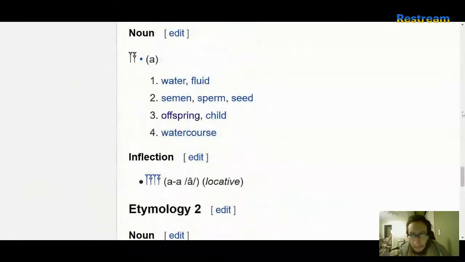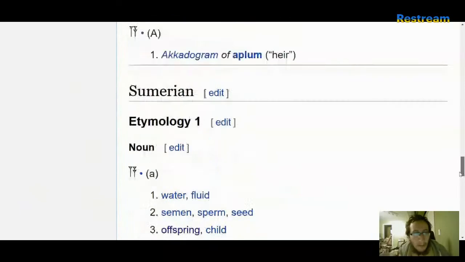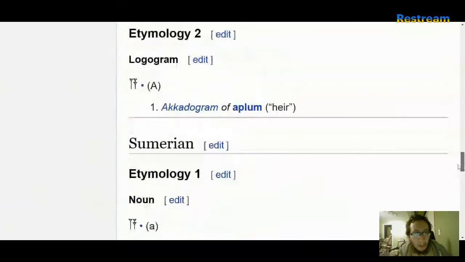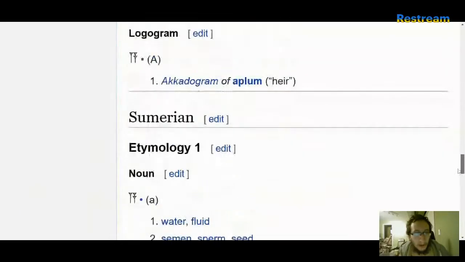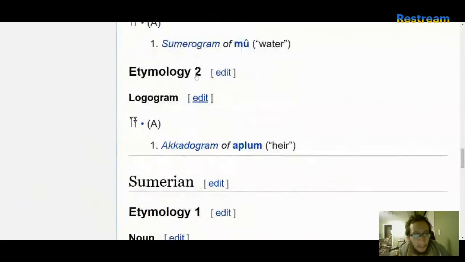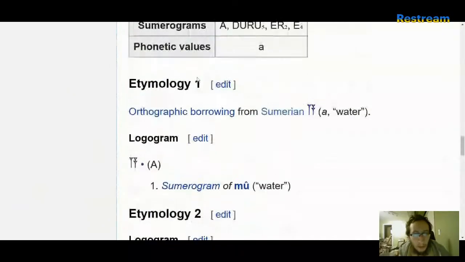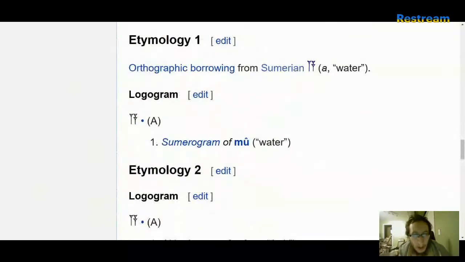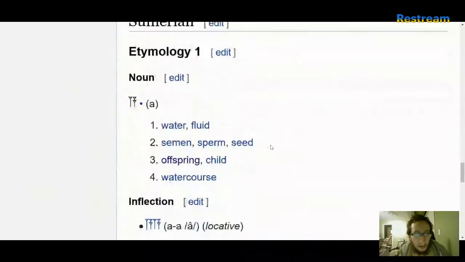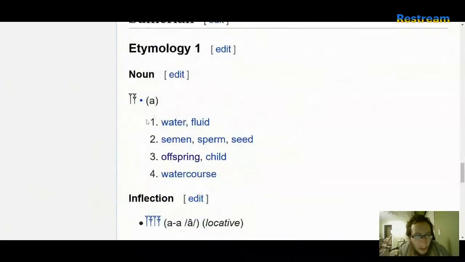That's what it means. Then Akkadian will use this word to also mean water, because the word can mean water or fluid in Sumerian. That's what it means in Sumerian.